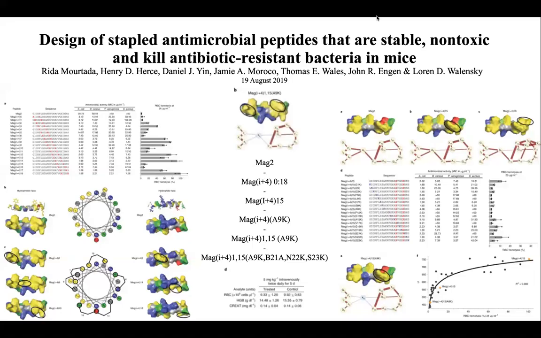So in this process, they wanted to maximize the antimicrobial activity and minimize the hemolysis of the red blood cells. They found that the MAG I plus 4 15 variation was the best at this.